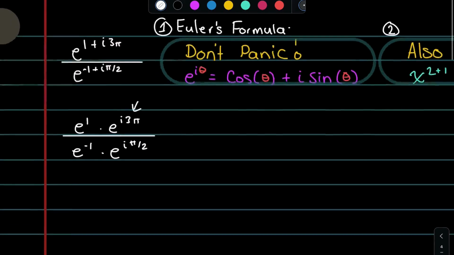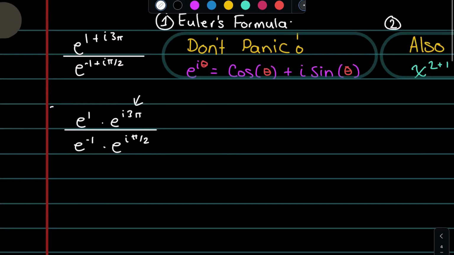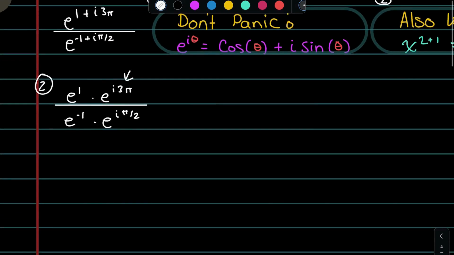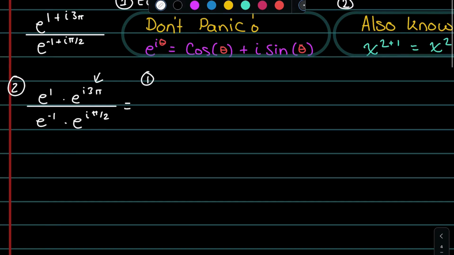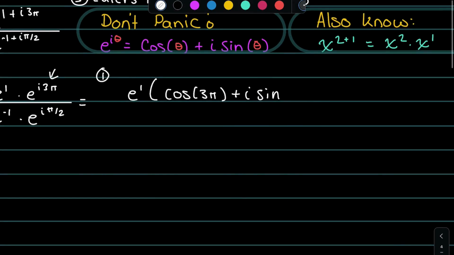So we broke it down using 2, and now we're going to break it down using Euler's formula. And so we have e to the first times, now instead of e to the i 3pi, we have cosine of 3pi, plus that imaginary part, which is the sine that tells it where to go, up or down, right?